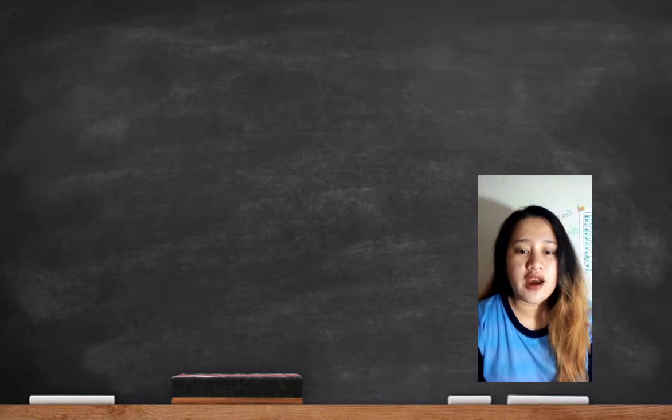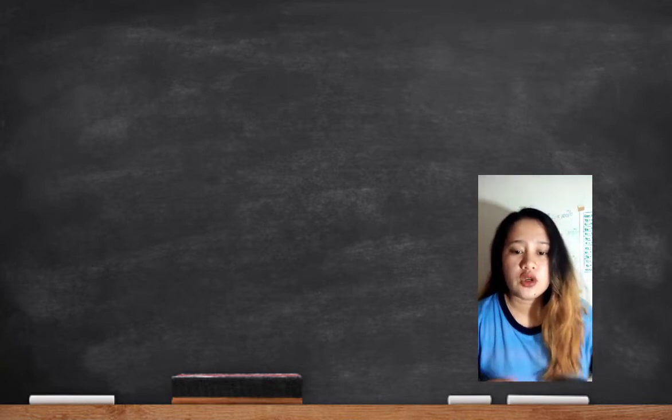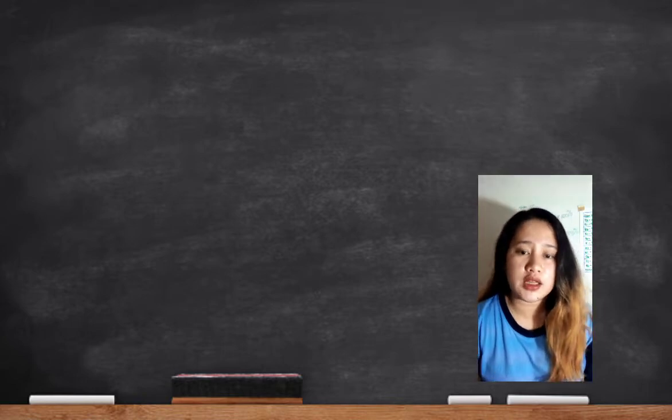So if you are right-handed, you belong to cumulative greater than. Now we will find the answer for the cumulative frequency greater than. The next video will show you how to compute it.